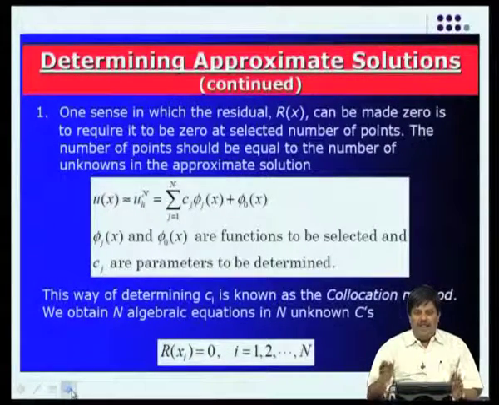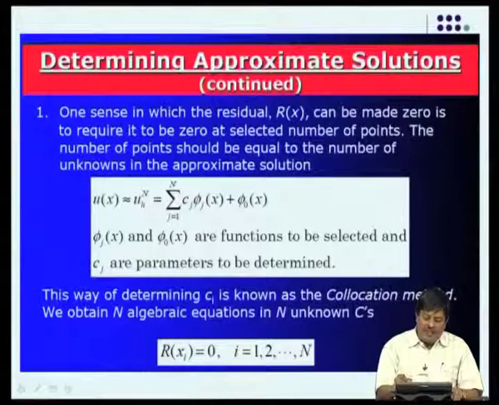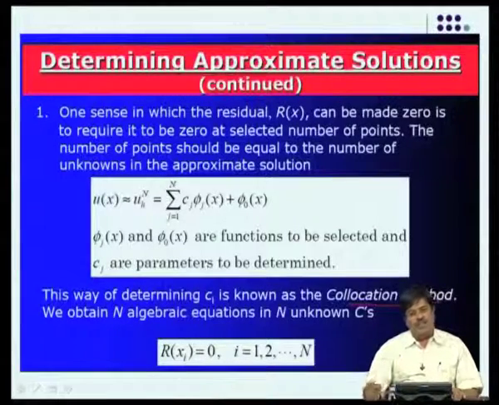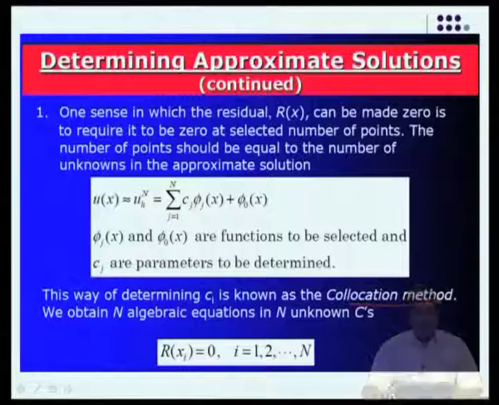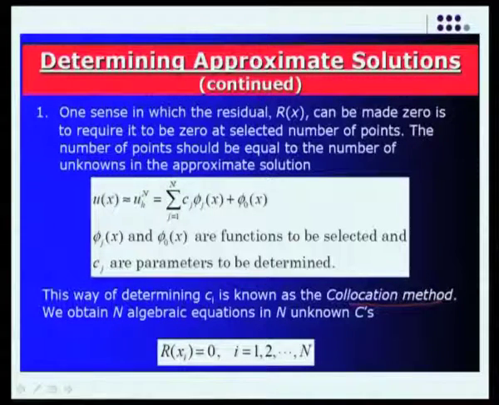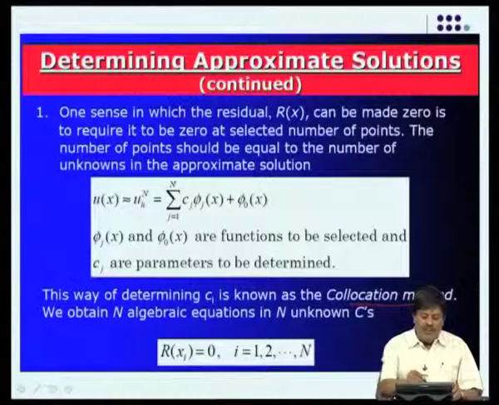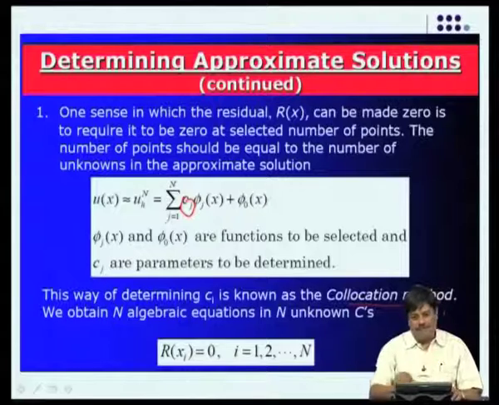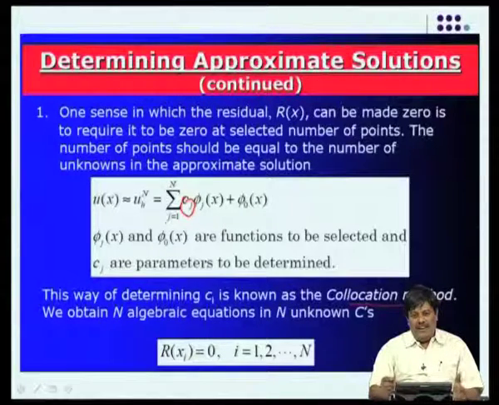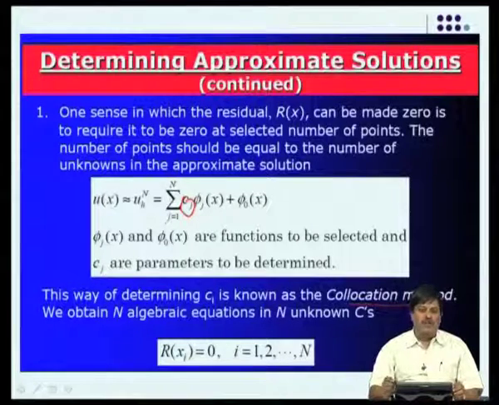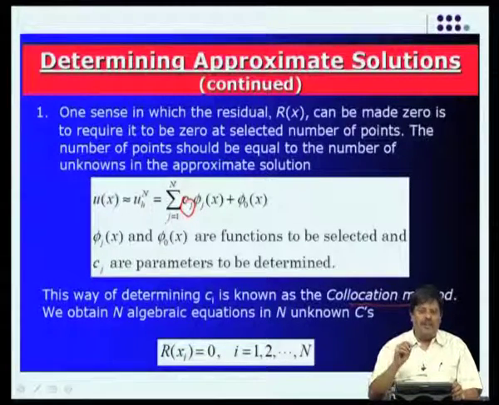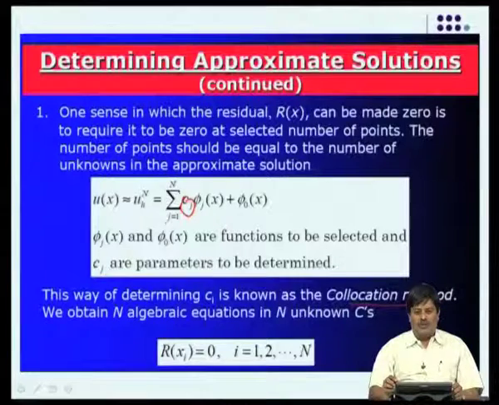This way of determining Ci's is known as the collocation method. So, this is one of the numerical methods that we can use. The number of points we choose to make this residue go to 0 is equal to the number of unknown Ci's we have in the solution. So, if there are 10 Ci's to be determined, we need to choose 10 locations where this residue goes to 0, and such a method is called the collocation method.